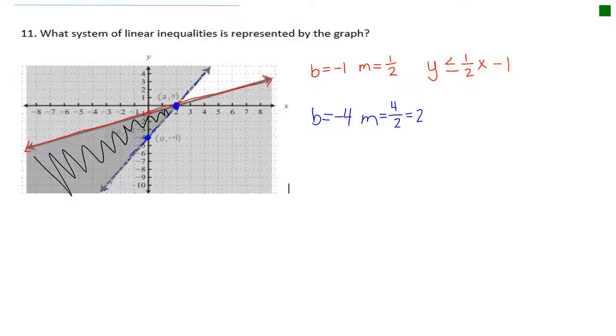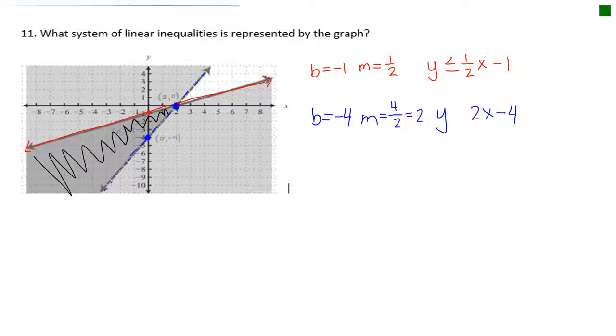So our slope in this case is 2. Writing this inequality, it's going to be y. We don't know the inequality just yet, so we can do 2x minus 4. Since it's a dotted line, we know it's not going to have that or equal to underneath. Now we just have to determine if it's greater than or less than.